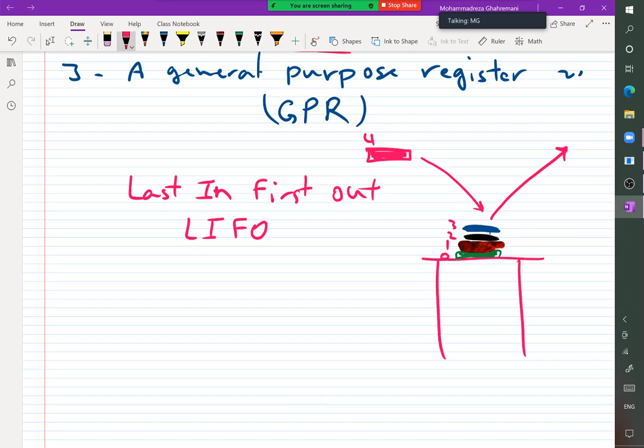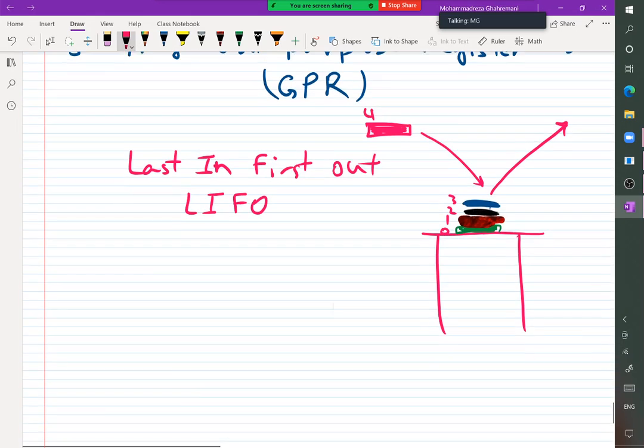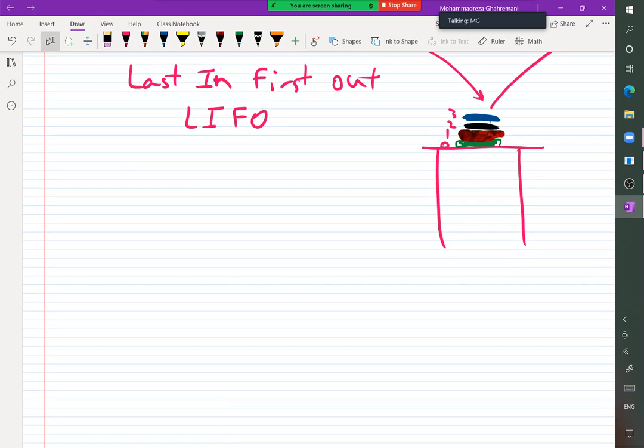The last element added to the stack is the first element that we can remove from the stack. Is it clear? The last element added to the stack is the first element that we can take from the stack. So the most important property of the stack is here.